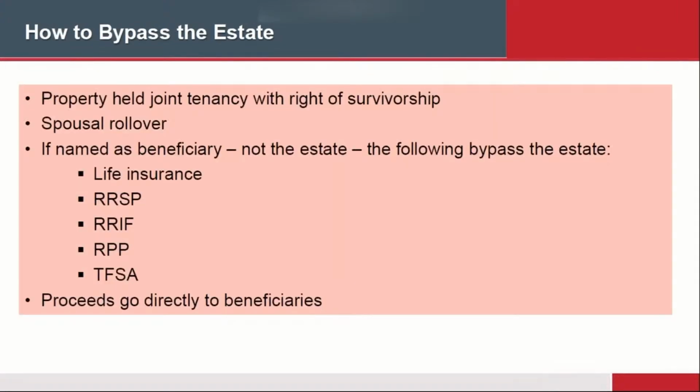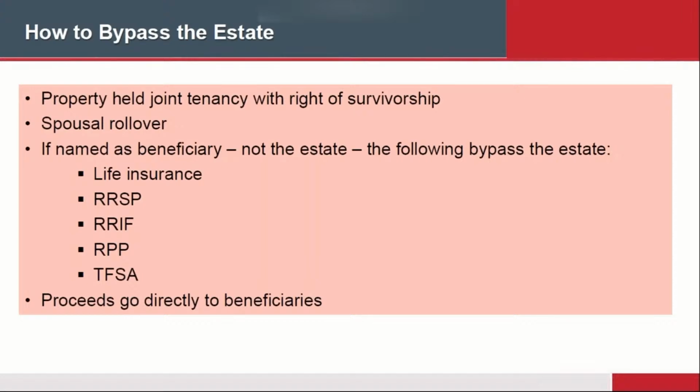Things that bypass the estate, which is what we just finished talking about, include property that has joint tenancy with the right of survivorship. For example, if my wife and I own this house on a joint basis, that means if I pass away, my wife automatically steps into my shoes and she now has the house.